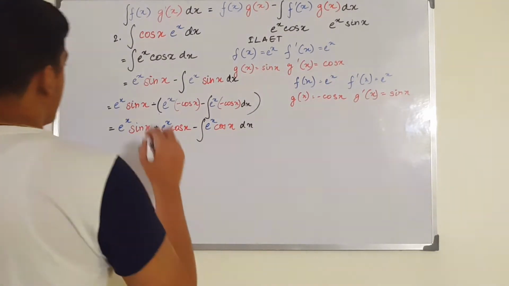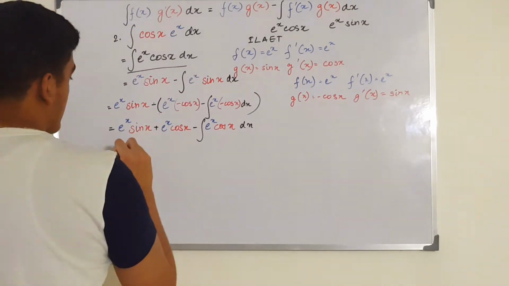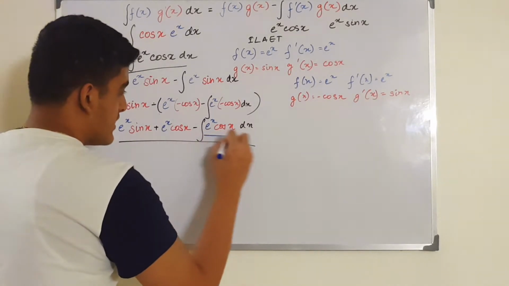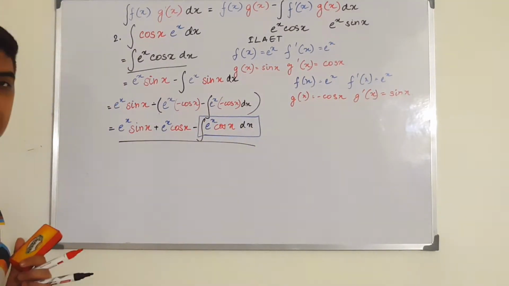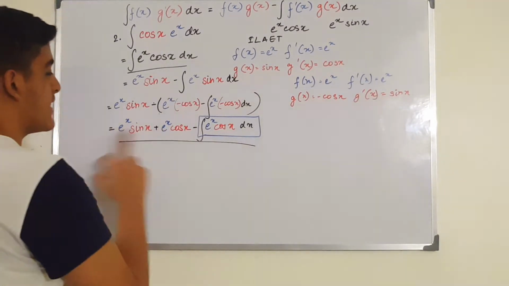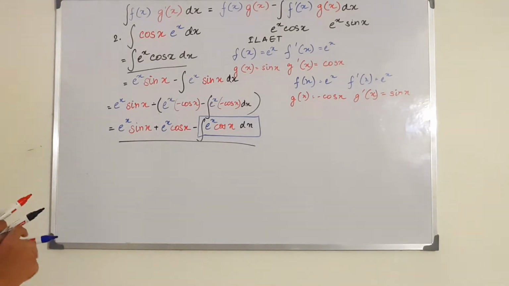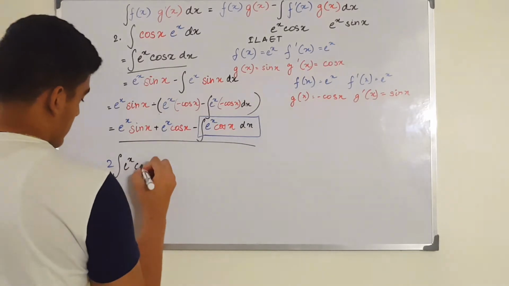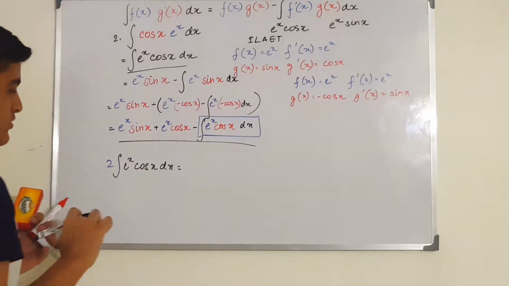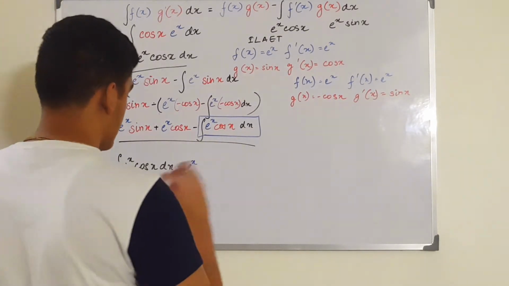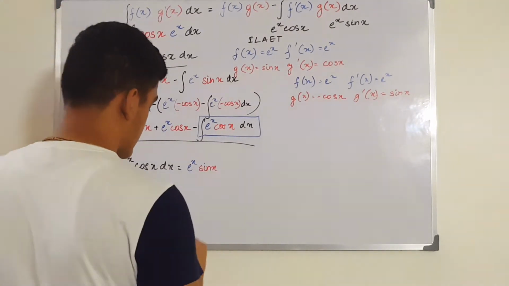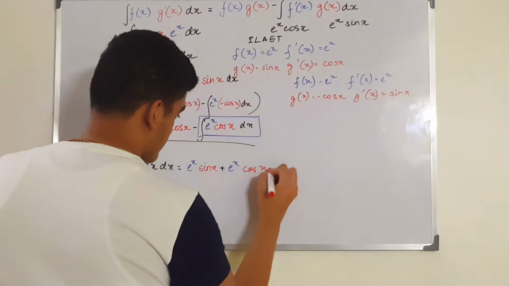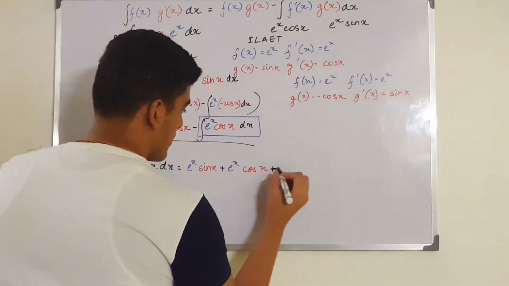If we take the question as the left hand side, and what we have conclusively ended upon as the right hand side, then we can add this expression to both sides, and the final equation that we're going to get is 2 into the integral of e to the power x cos x dx is equal to e to the power x sin x plus e to the power x cos x. Might as well put a plus c.